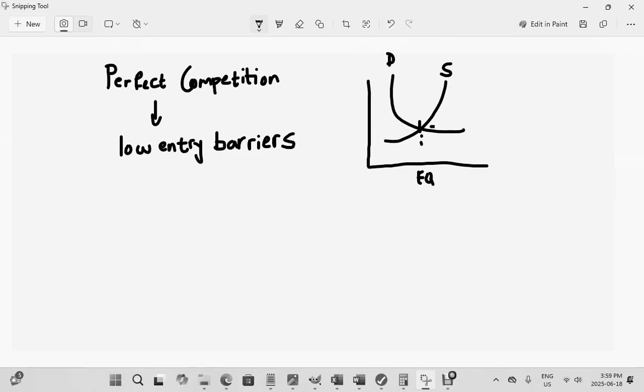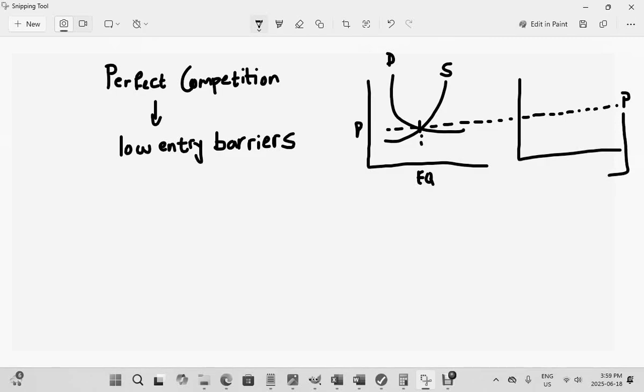Right at this equilibrium point, this price will be carried forward to another graph. On this graph, the equilibrium price will be a flat, horizontal line. So this will be your price.